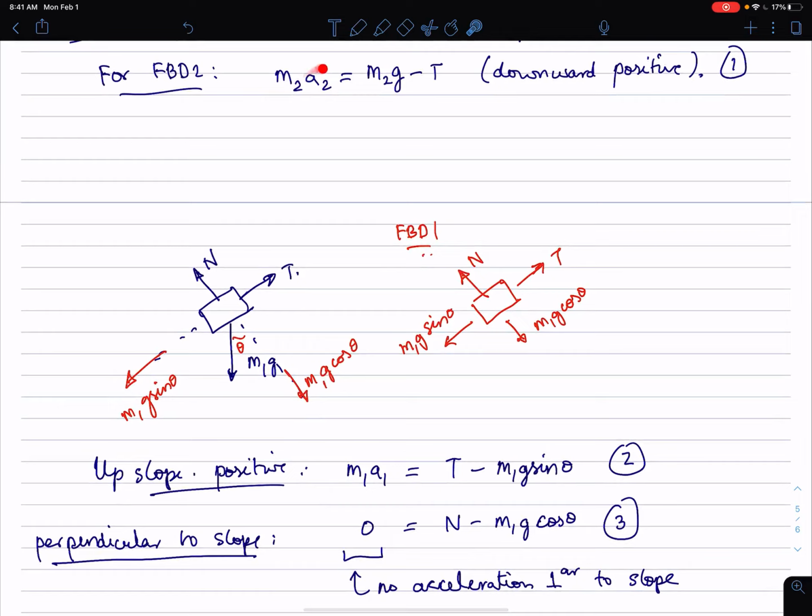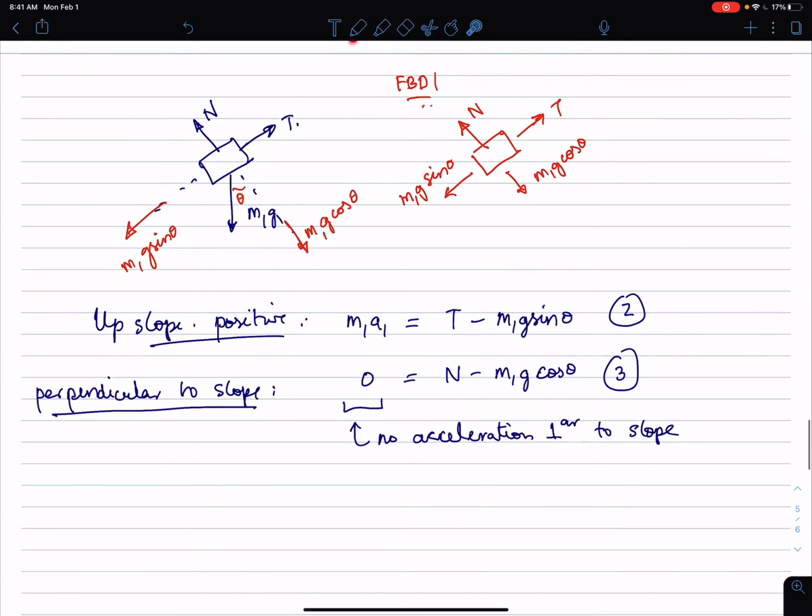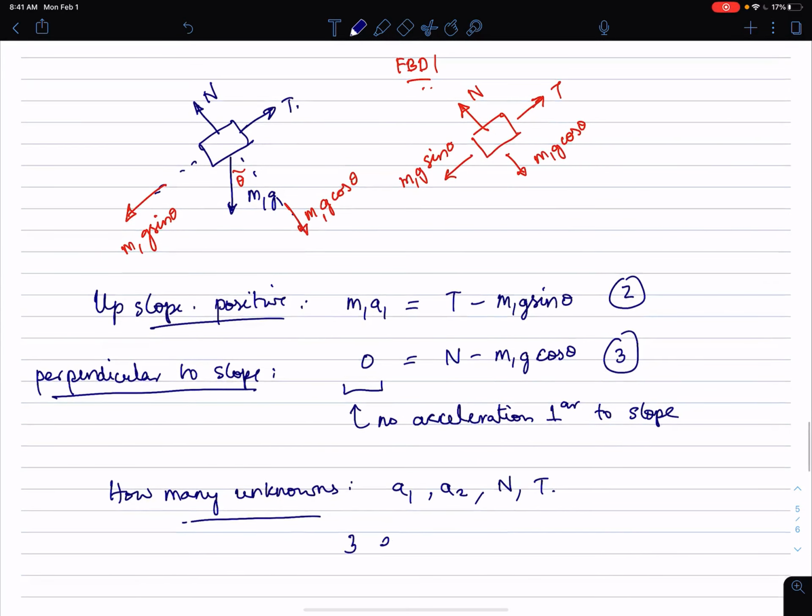Now we want to solve for A1 and A2, okay? How many unknowns do we have so far? We have A1, A2, well, N and T. These are 4 unknowns. And then we have 3 equations so far. Need one more equation.